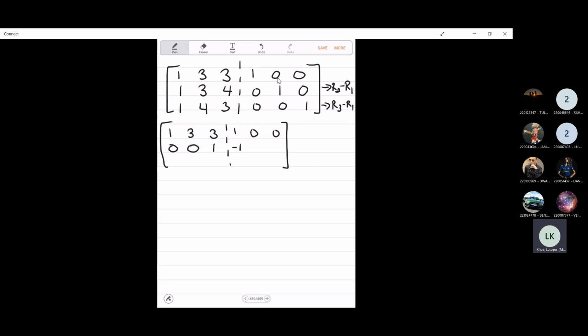and then 1 minus 0 is 1, then 0 minus 0 is 0. Then same thing with this last row, 1 minus 1 is 0, and then 4 minus 3 is 1, and 3 minus 3 is 0.